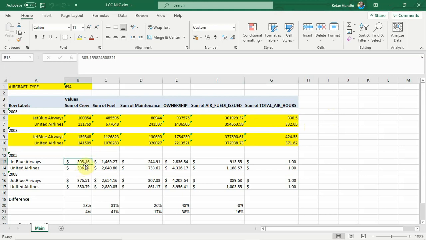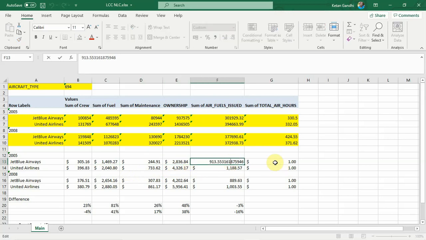It comes to 3051.6 is the crew cost per hour. The same way, fuel cost was $14,000 per hour. The maintenance cost per hour was 2,449.1. Then ownership cost per hour was 28,000.